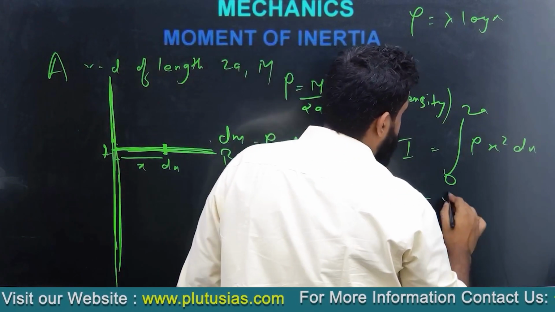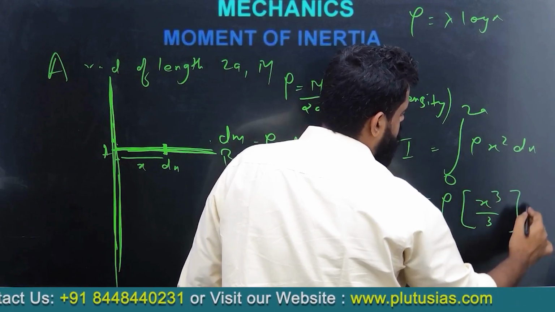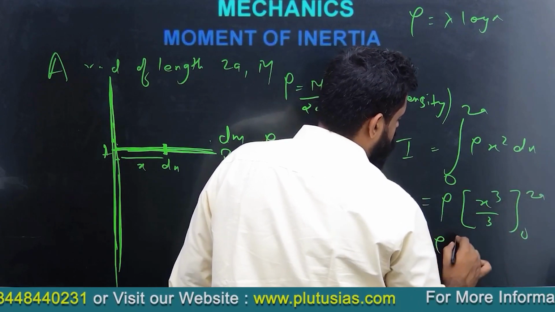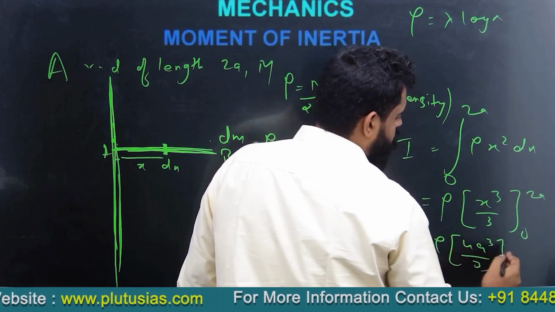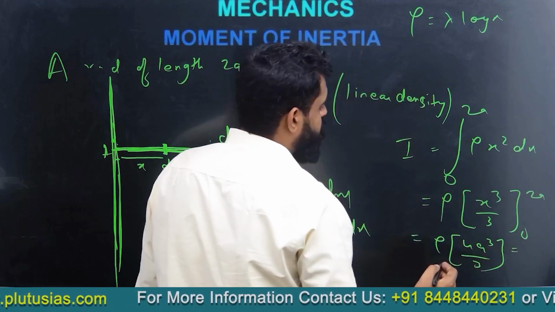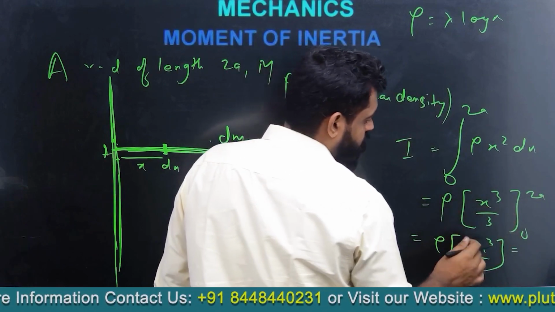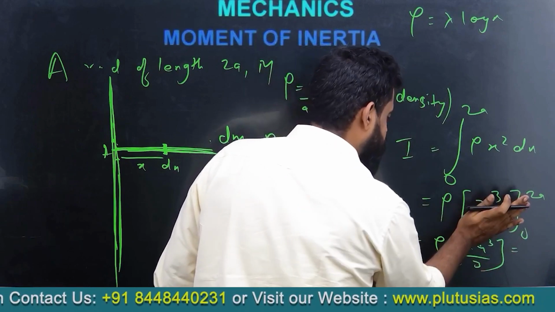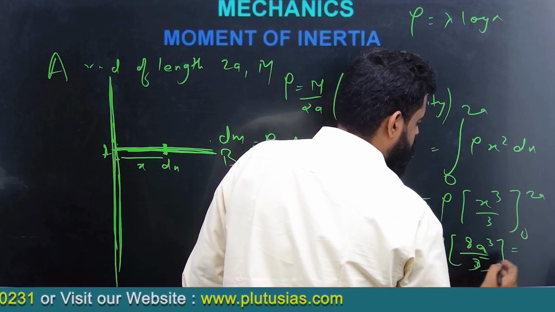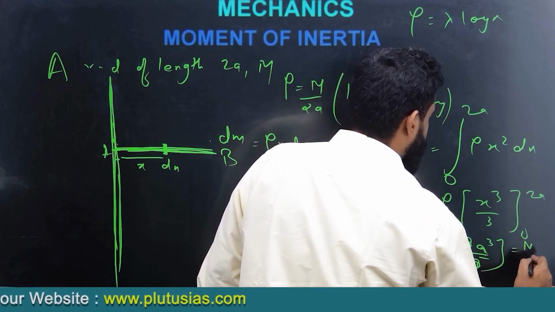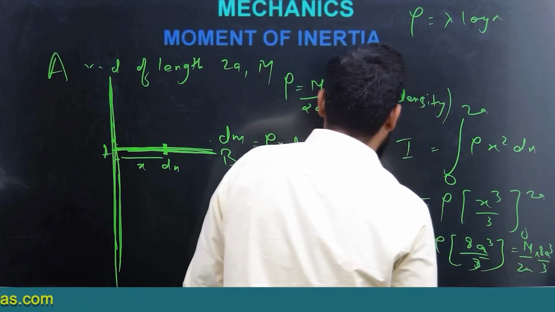We integrate it, we get rho into 8a cube upon 3. Sorry, this is a cube, this would be 8, not 4. Here rho is m upon 2a, so it is m upon 2a into 8a cube upon 3.